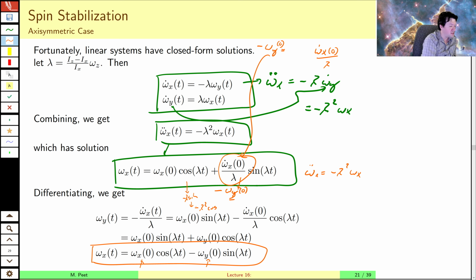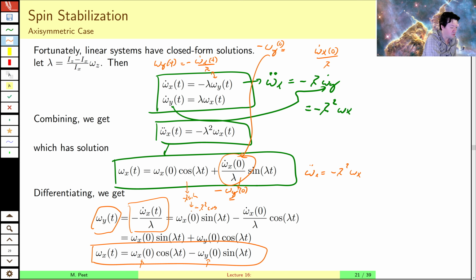Likewise, for omega y, how do we get that? Again, we use that little substitution: omega y of t, dividing by negative lambda, equals negative omega dot x of t over lambda. We can just differentiate omega x and we get this expression here.